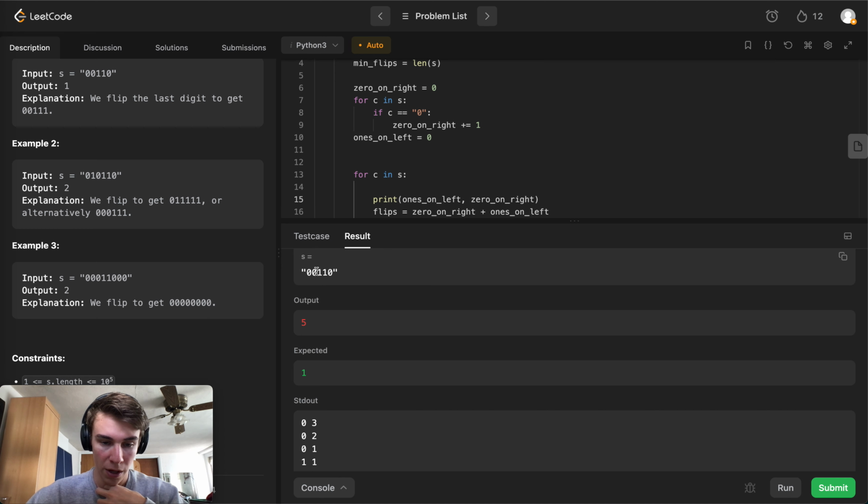Then when we're here, it's going to be 0 ones to the left, 1 zero on the right.